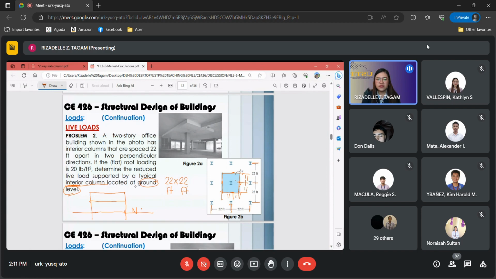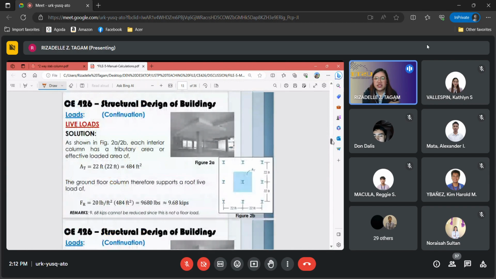Okay, this is the ground. Ang 20 pounds, roof loading man ni siya. So ang naay roof is ang second floor. Ang loading sa roof, 20 pounds per feet squared. I-compute nato ang loading sa column sa interior at the ground floor. So unsaon man.